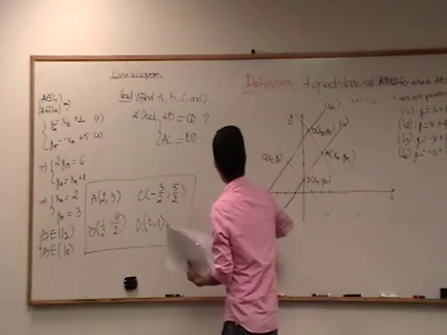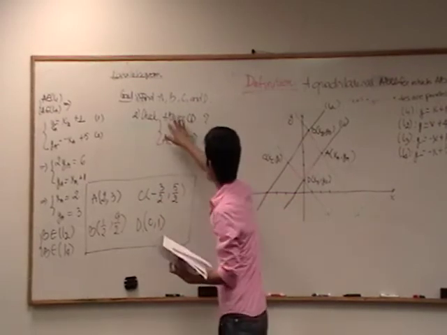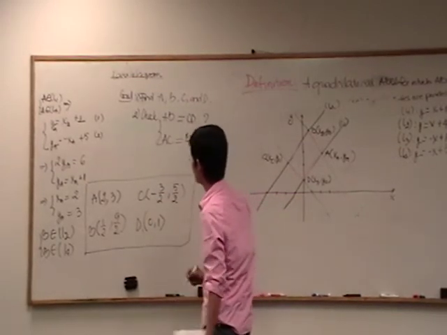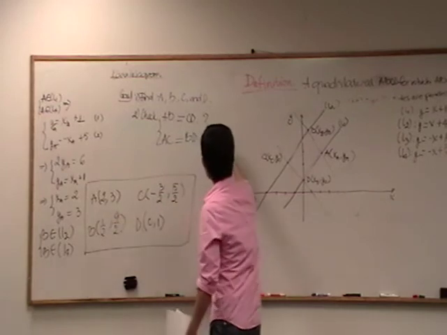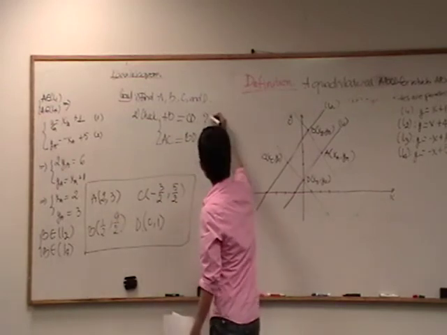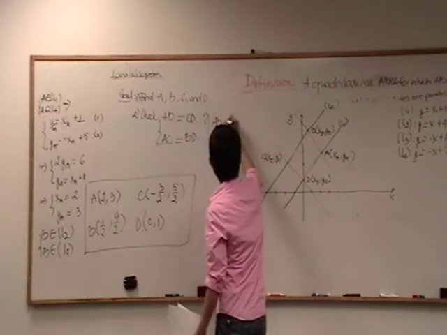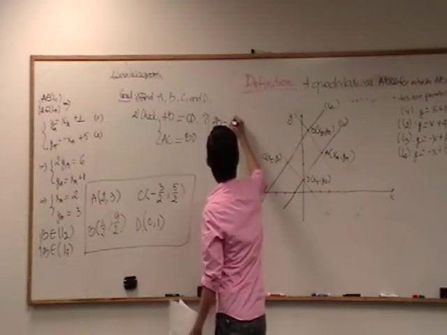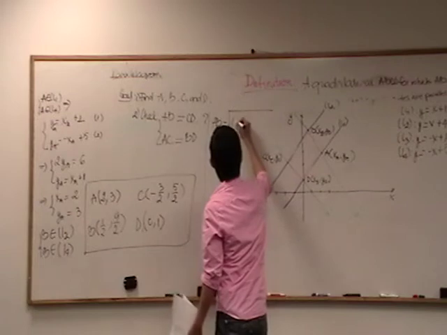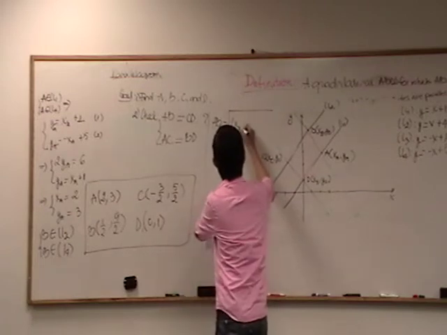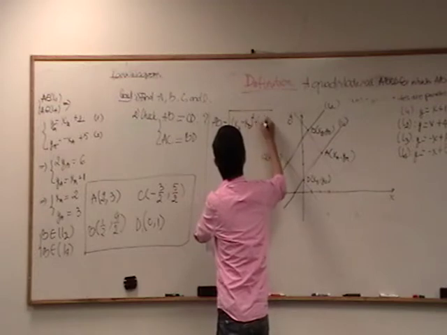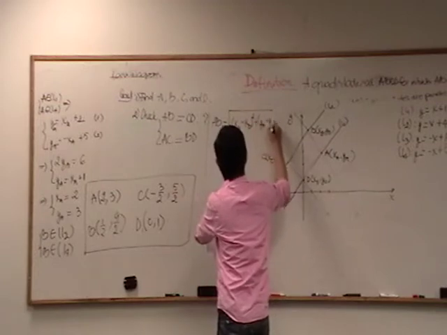And then now my goal will be to check whether AB equals CD or not. And we have the formula for the length of AB. I just remind you, it equals the square root of XA minus XB squared plus YA minus YB squared.